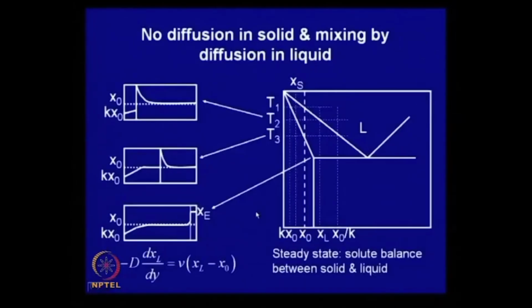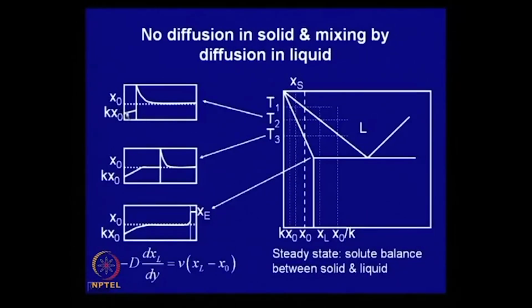Now, let us move on to a case where there is no diffusion in solid, but there is mixing by diffusion in liquid. In this case, let us consider a similar system exactly here. Say, suppose at this temperature, say T2, somewhere here.